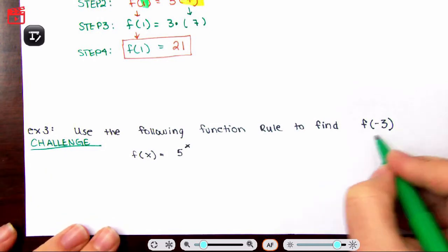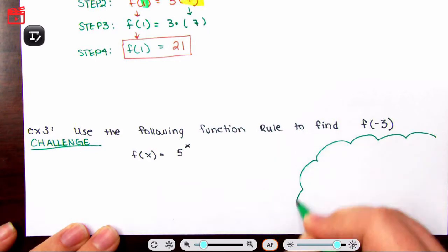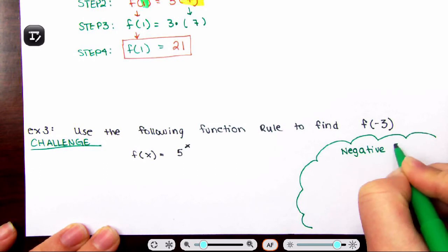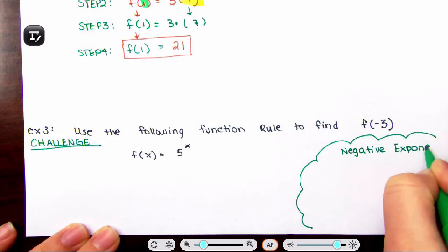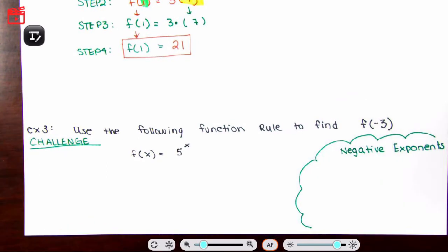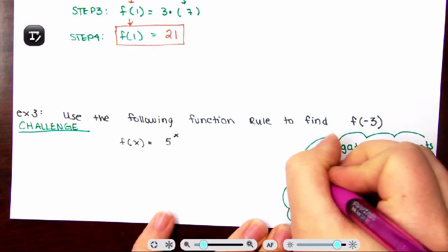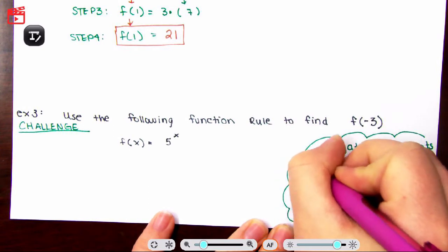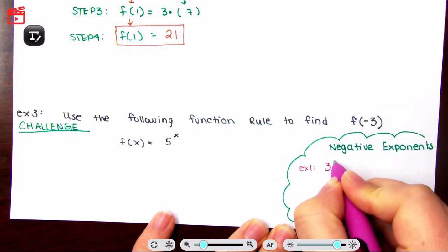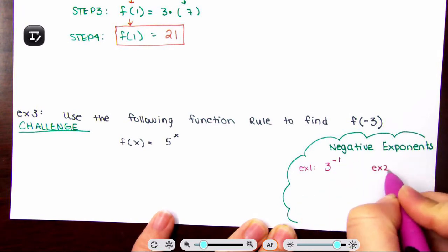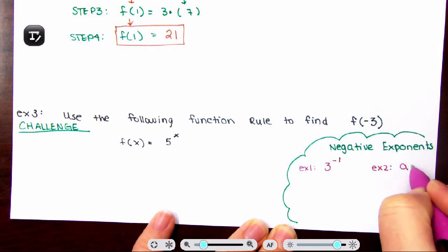So let's go ahead and do a quick little thinking bubble. When you have a negative exponent, you're going to take whatever it is that the exponent is attached to. I'm just going to do a bunch of different examples to show you.